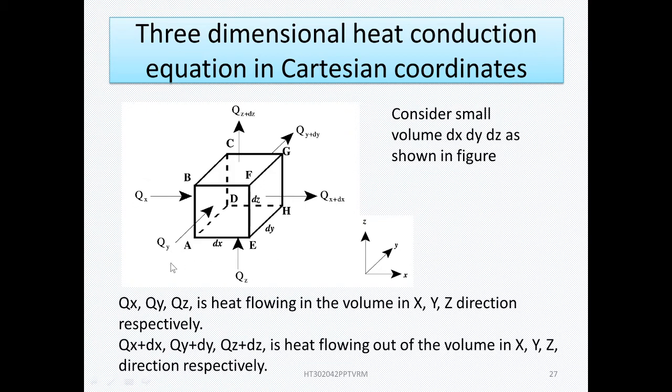Similarly, there is qy in the y direction flowing in, and qy plus dy is flowing out of the cube. qz is heat flowing in the z direction, as you can see from the bottom of the cube, and qz plus dz is the amount of heat flowing out of the cube. So this is the structure of a cube dx, dy, dz to study the three-dimensional heat conduction equation.